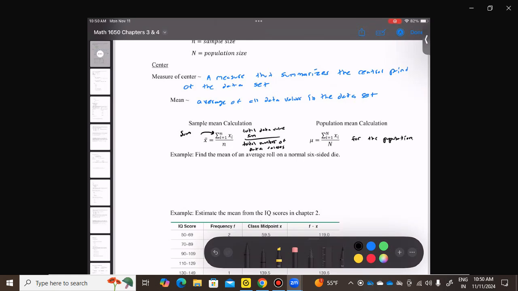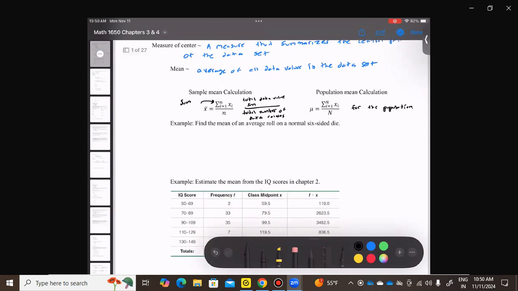Okay. So let's look at the mean of an average roll of a normal 6-sided die. This would be a population mean. We know the die has 6 sides. That's the population size, 6. So it would be the summation from side 1 to side 6.